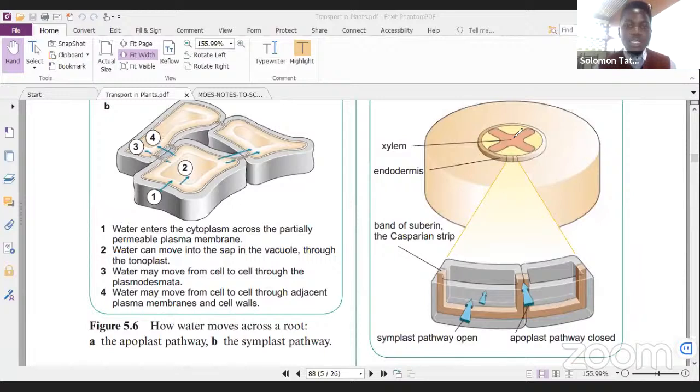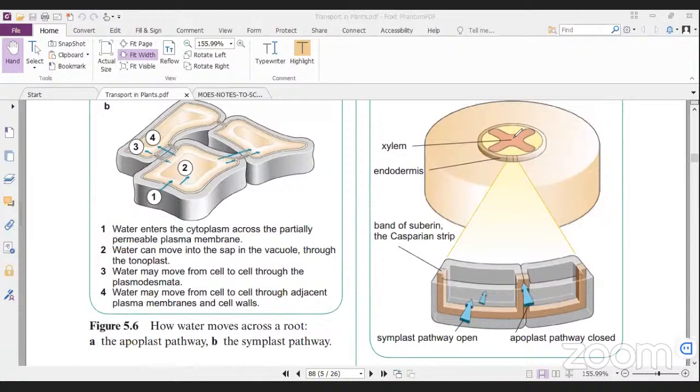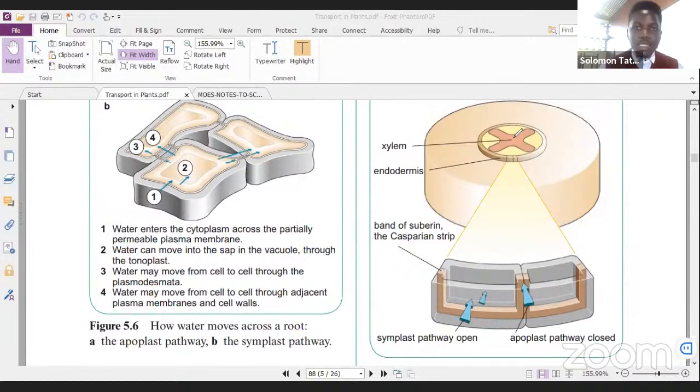All right, Daphne had a question: an explanation for the symplast pathway. Who can describe the symplast pathway? Who would love to explain to us the symplast pathway?